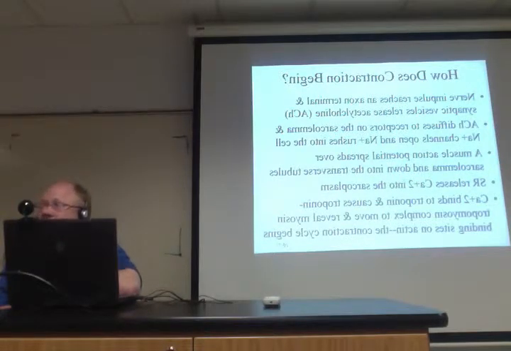When acetylcholine binds to acetylcholine receptors, that causes sodium channels to open, and we have an influx of sodium from the extracellular fluid. This, as we talked about, due to positive feedback, causes more sodium channels to open and more, and we have propagation of that potential along the membrane of the muscle.